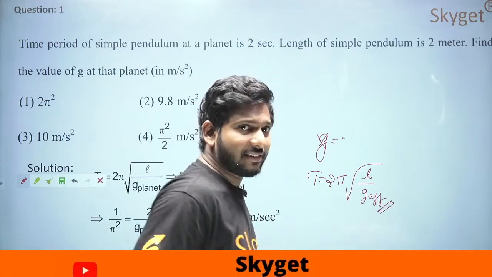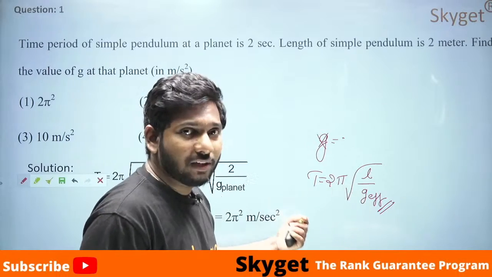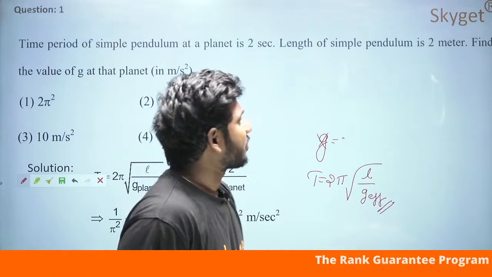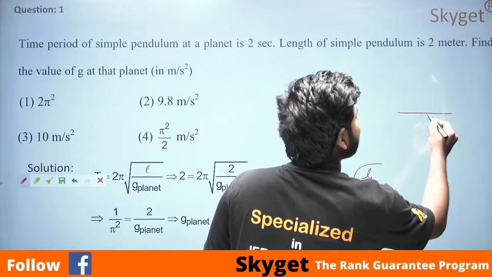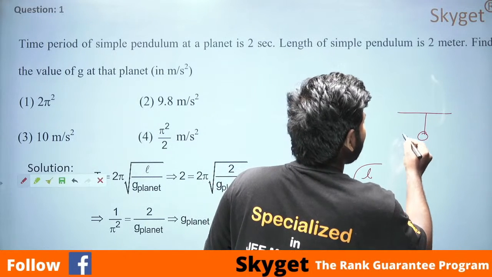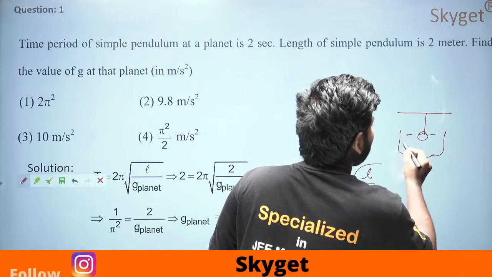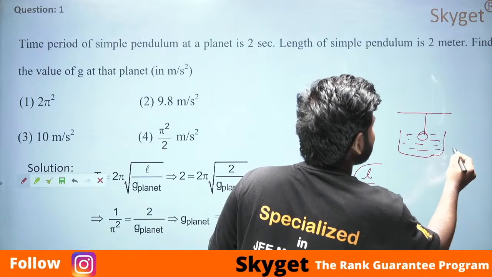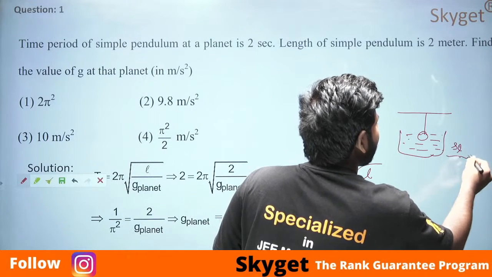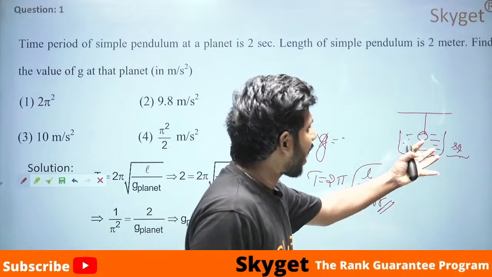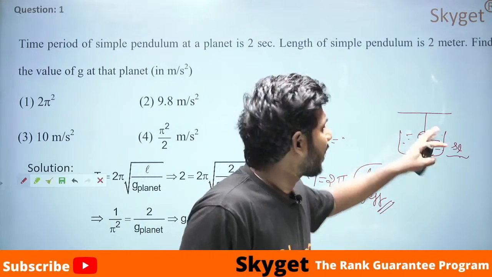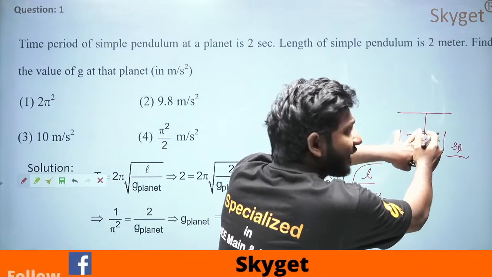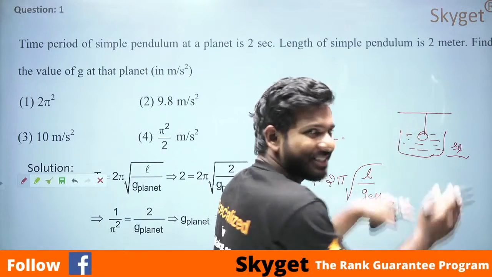So if g effective is changing, then the time period of the pendulum will change. We have seen cases where the ball is kept in a liquid of density rho L, and how the time period varies when the effective gravity on the ball changes.